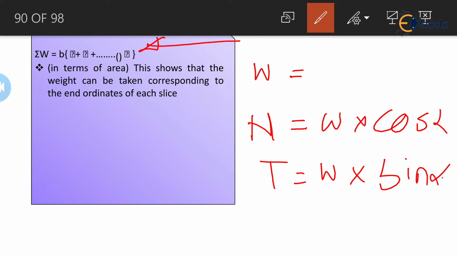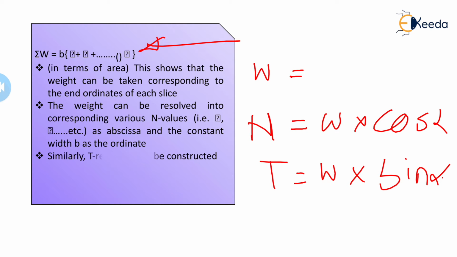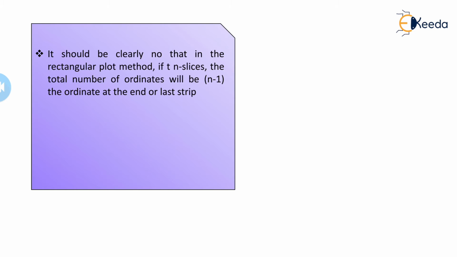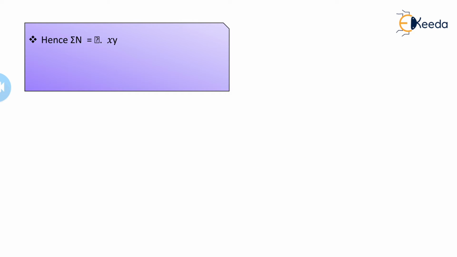So we will get the values for N1, N2, N3 and likewise, and we will get the summation of the normal as well as the tangential components. By referring to all these values, we can find out the N, T and W values. Here is some explanation about this.